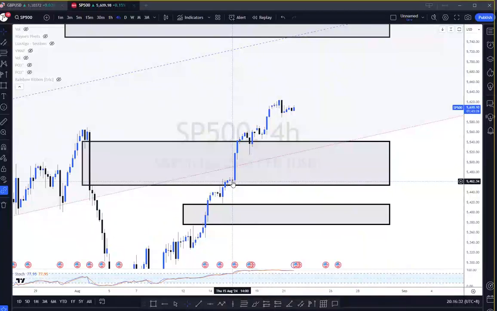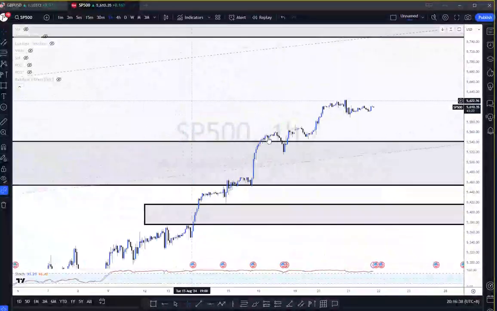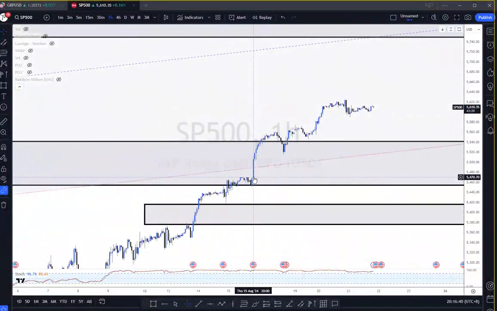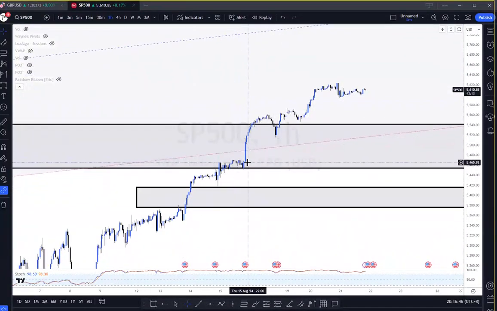And basically, it was last Thursday's trigger where we were looking for the move to the downside. We got this trigger and then a retracement before we move up higher.